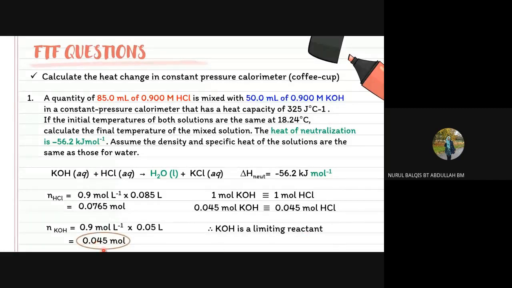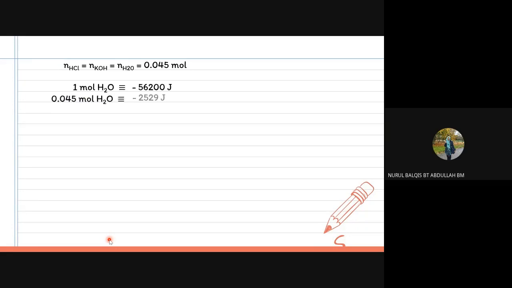Then we're going to take this number to find the heat released. Okay, so kita pun buat lagi stoichiometry. Kali ni, we know the mole of water pun akan sama dengan mole of KOH tadi, 0.0545 mole. And then, kita cari dia punya heat release, you'll get negative 2529 joule.